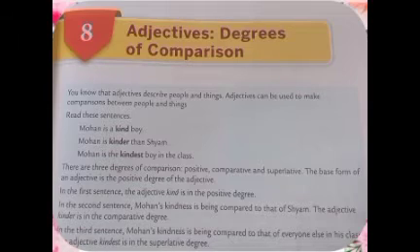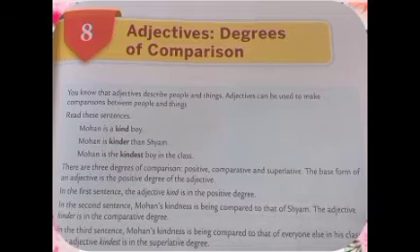So, what did you understand, children? If we are comparing between any two persons or any two animals or any two things, we use the comparative degree. So comparison will be between two persons only. And if we want to compare one person or one animal or one thing with the remaining all, we should use the superlative degree.